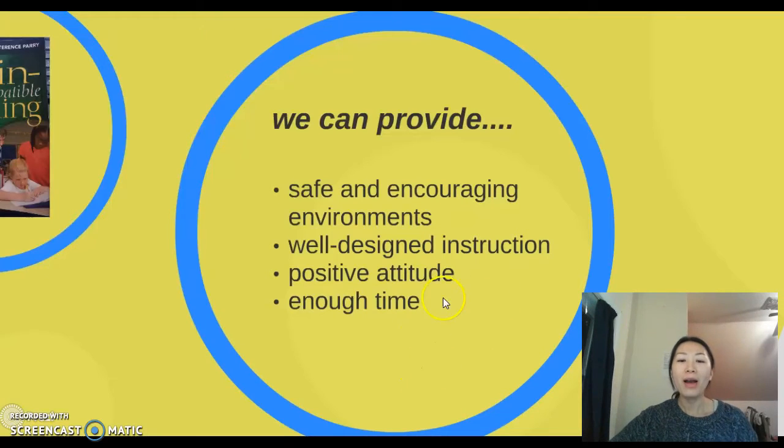Okay, sorry. I missed one part about well-designed instruction. Why do I say that? Because honestly, nowadays students get so much stimulation from the TV, the cell phone, and the computer, of course. Not every teacher is like me, so hyper all the time.